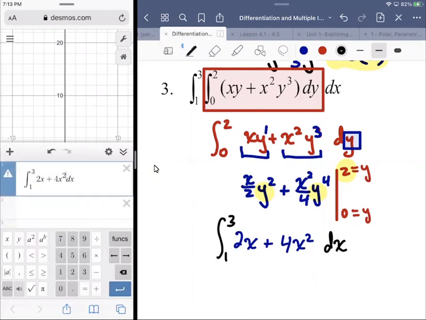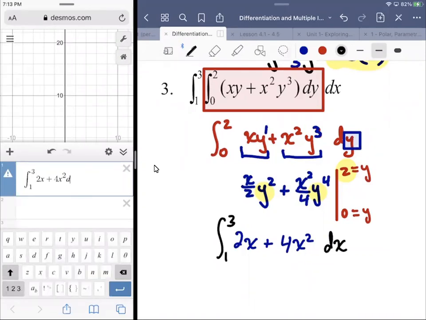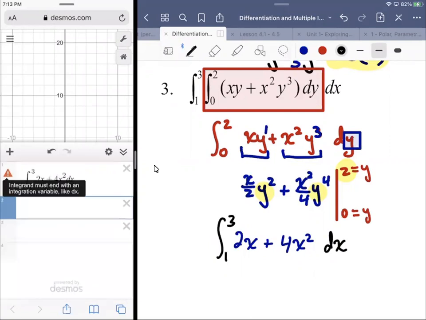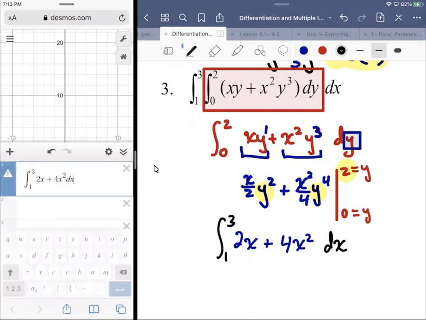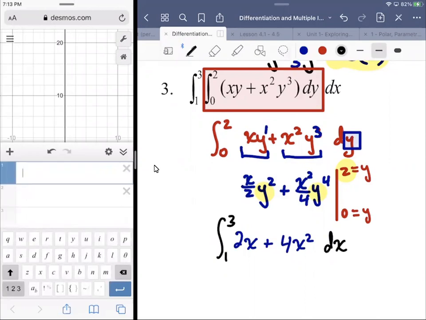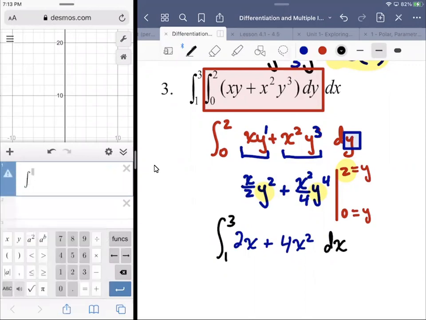Assuming that it wants to let me do it. All right, what did I screw up? Try it again. Usually a matter of just spacing. 2x plus 4x squared.